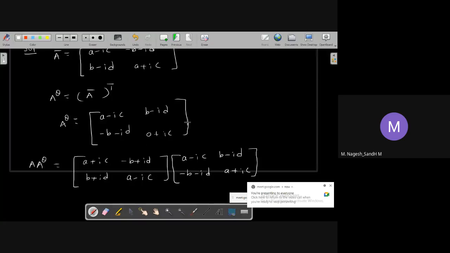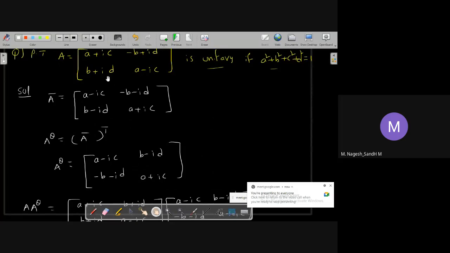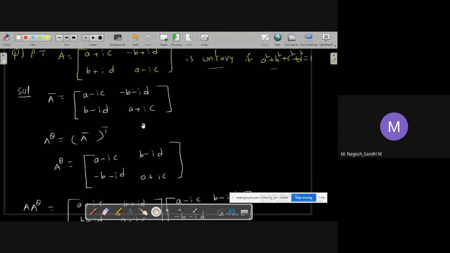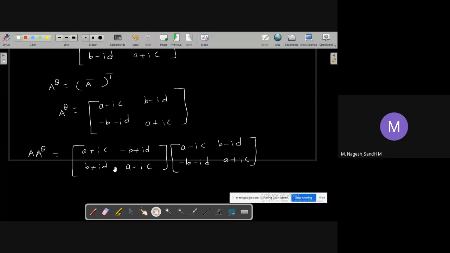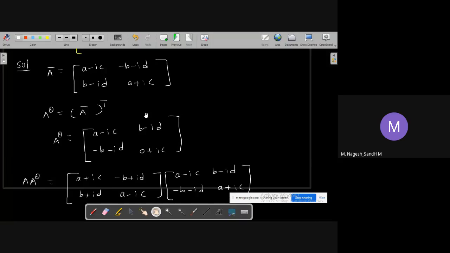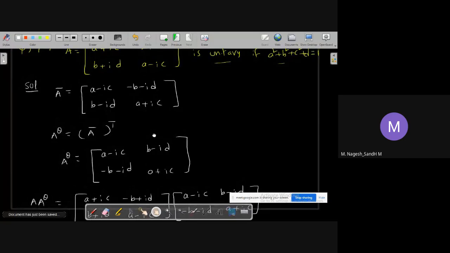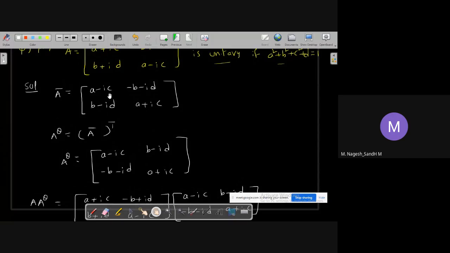So now, once we check it, check whether we have written this correctly. A power theta is the conjugate transpose: a plus ic, minus b plus id, b minus id, a minus ic conjugates to a minus ic, minus b minus id, b minus id, a plus ic, written row as column. The A matrix is a plus ic, minus b plus id, b plus id, a minus ic.